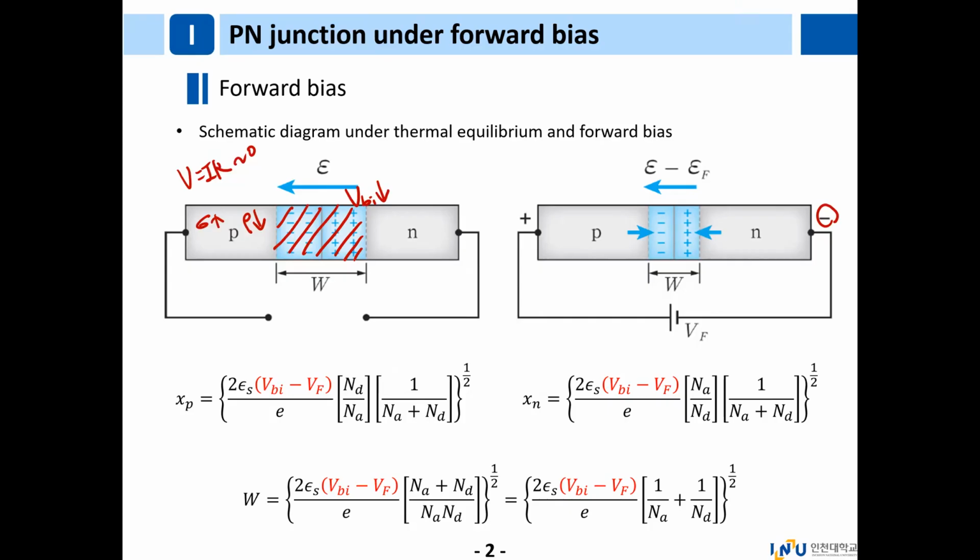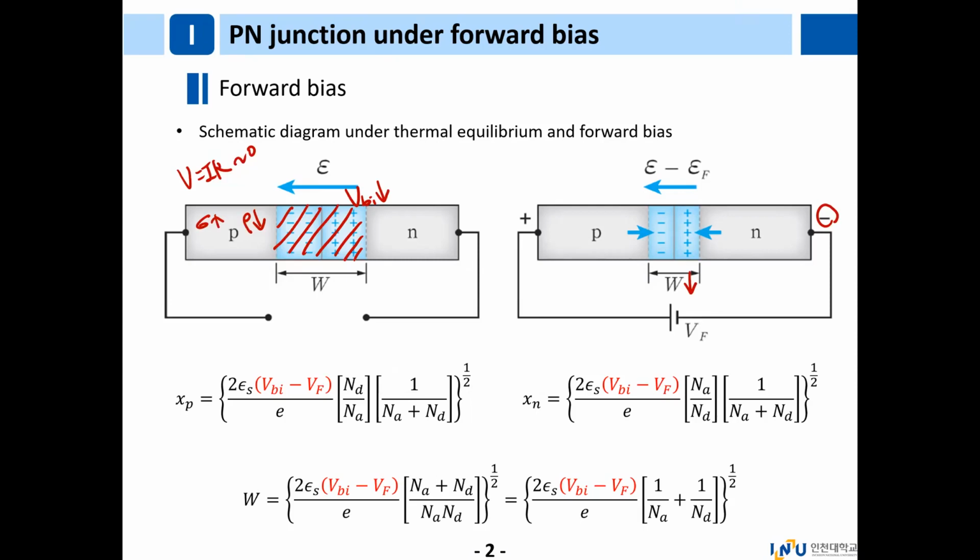So as a result, a smaller electric field exists from the N-type to the P-type in the depletion layer. If the electric field decreases, the width W of the depletion layer also decreases because the amount of charge decreases.